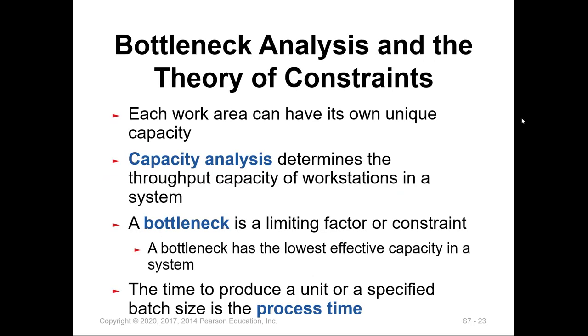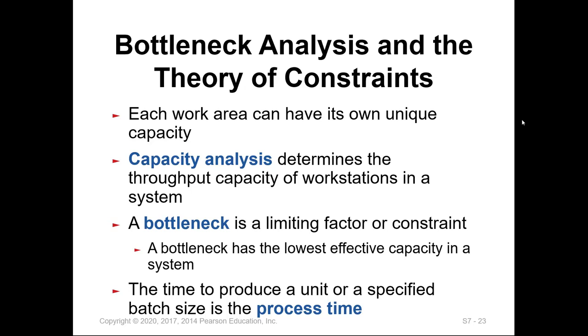Actually, looking at the production system, each work area or workstation can have its own unique capacity. The capacity of one workstation can affect the capacity of the whole system. To determine the throughput capacity of workstations, we can conduct capacity analysis. The workstation that has the most limiting factor or constraint is called the bottleneck.